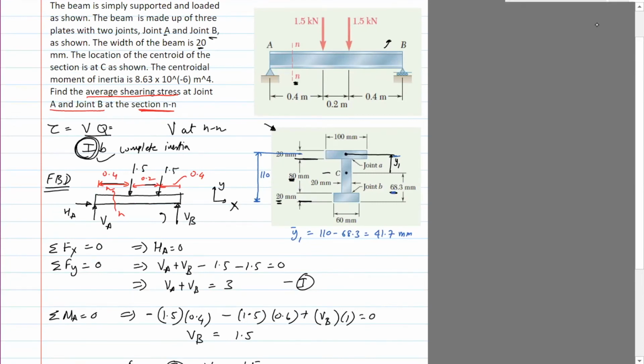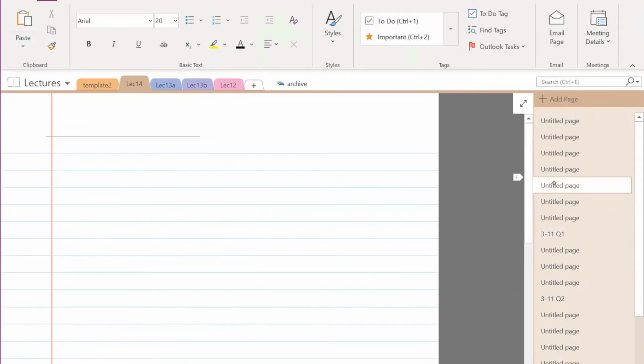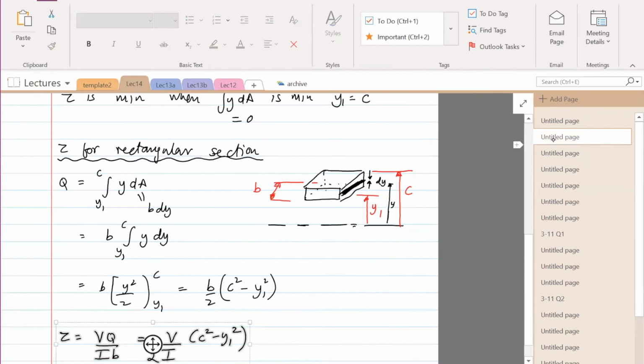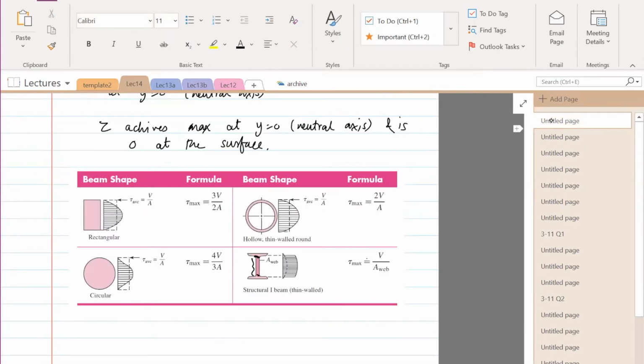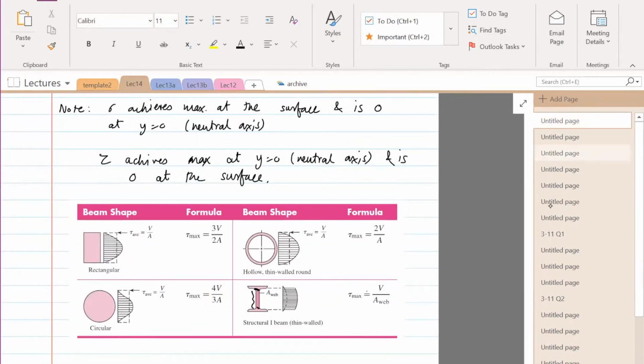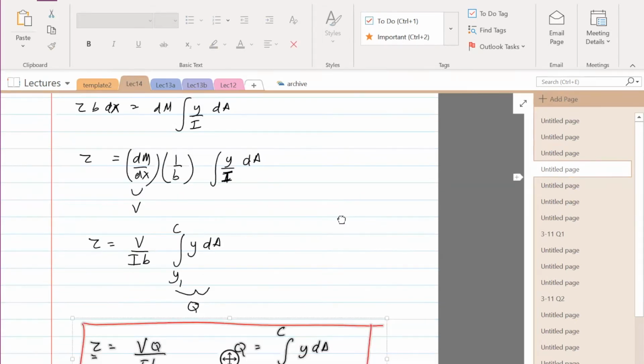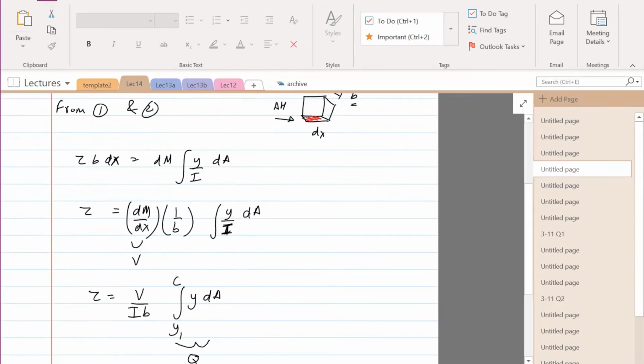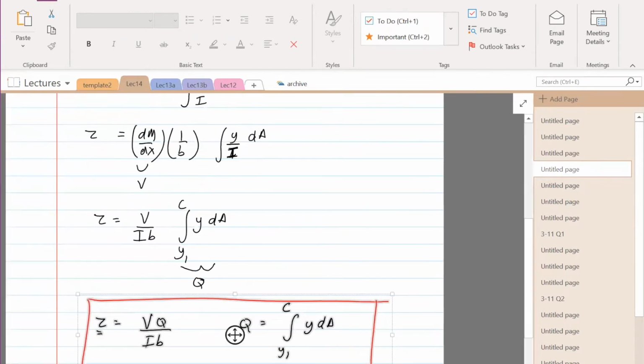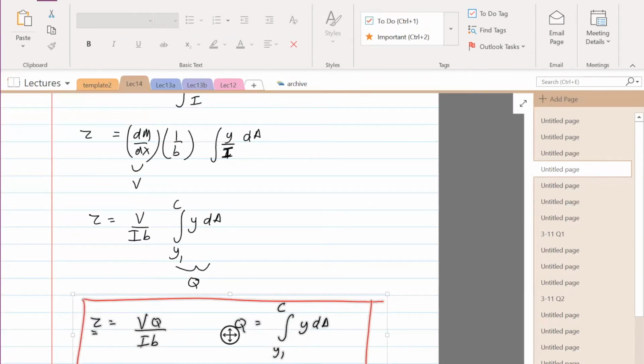Okay, let's trace it back. It comes from this formula. Interesting. Okay, so my bad. It is to be computed like the inertia you compute for the moment.